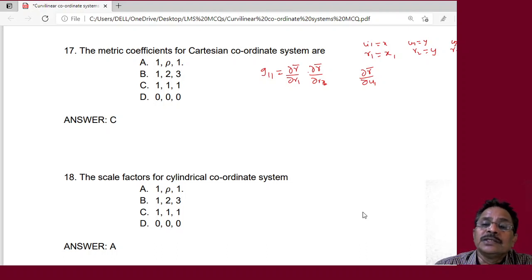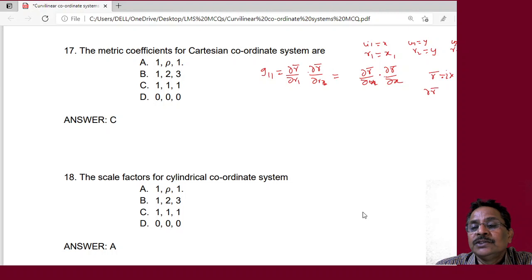But here this is nothing but ∂r̄/∂x as per the definition of the book. Then the product is given by ∂r̄/∂x dot ∂r̄/∂x. Our r̄ is i x plus j y plus k z in the Cartesian coordinate system.